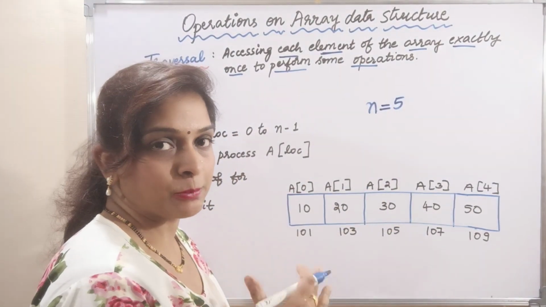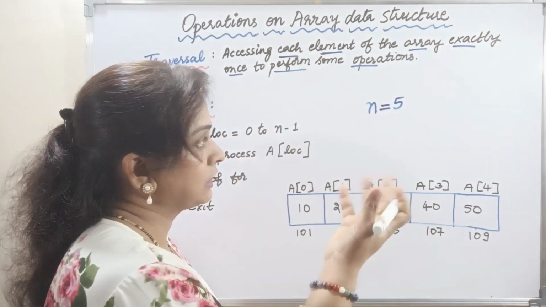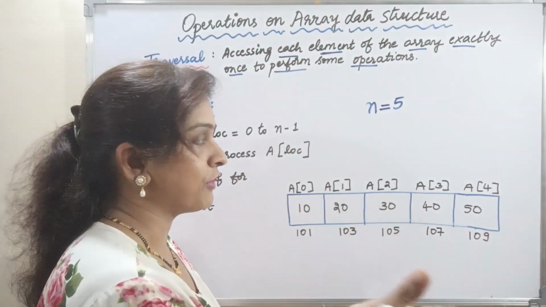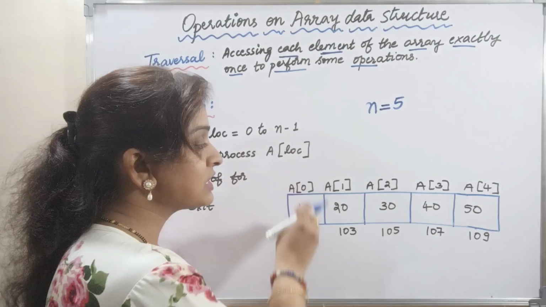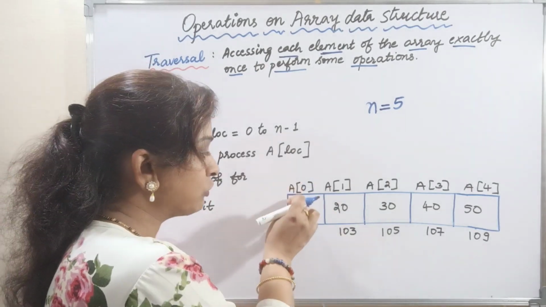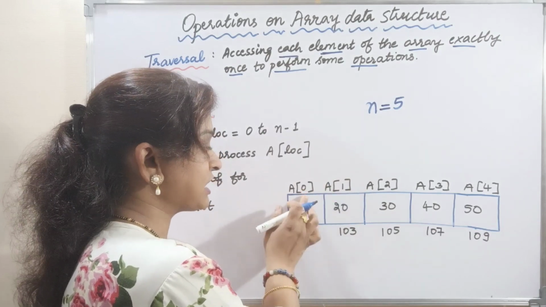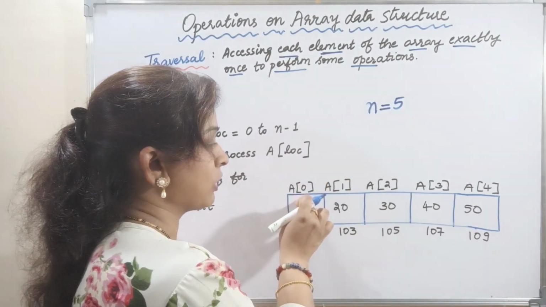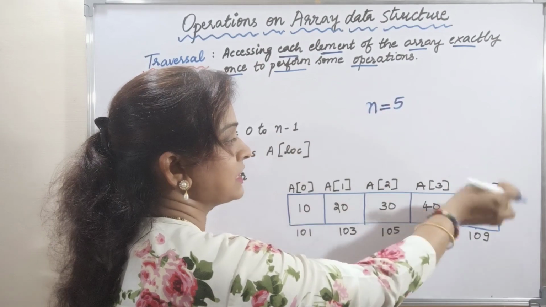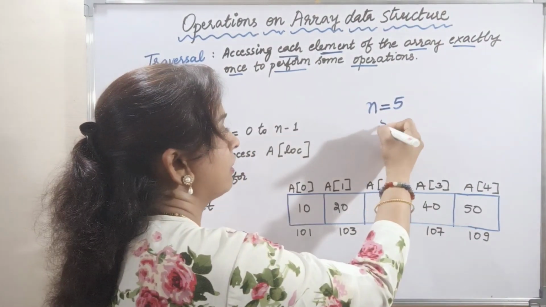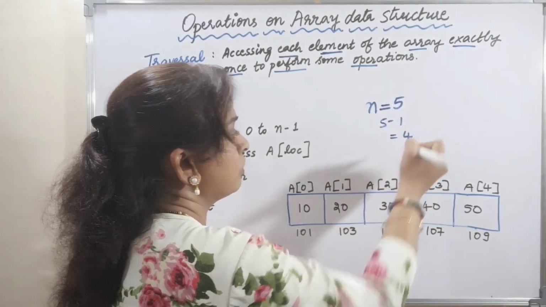Maximum 5 elements I am storing here; the limit I have given is just an example. So I need to visit the array elements, starting from the index value 0. Always the index starts from 0, up to 4, which is n minus 1. N is 5, 5 minus 1 is equal to 4.